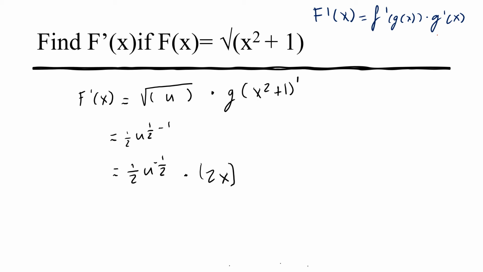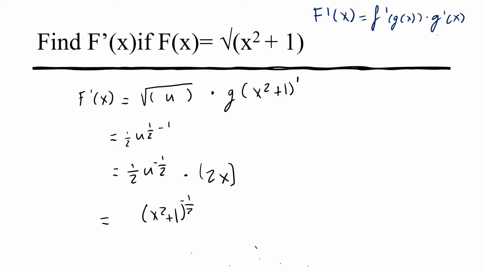So at this point, we are going to substitute that u back in with that x squared plus 1. So that is going to equal 1/2 times x squared plus 1 to the power of negative 1/2, which is the equivalent of a square root.